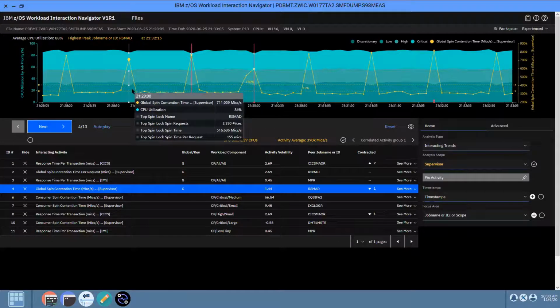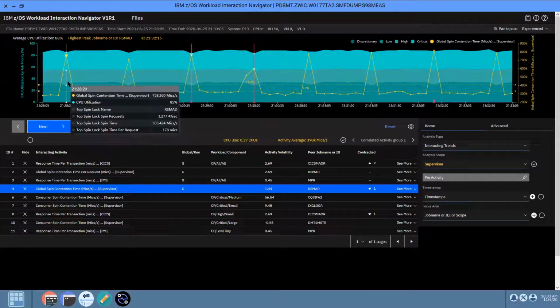So you might say, well, what can I do with this information? Well, in z/OS, there are address spaces or jobs running in the system, and every address space or job has its own RSM AD lock resource. So the RSM AD lock serializes private storage in an address space or a job.